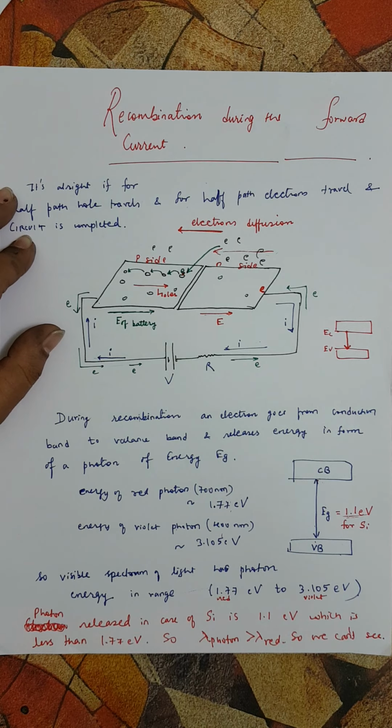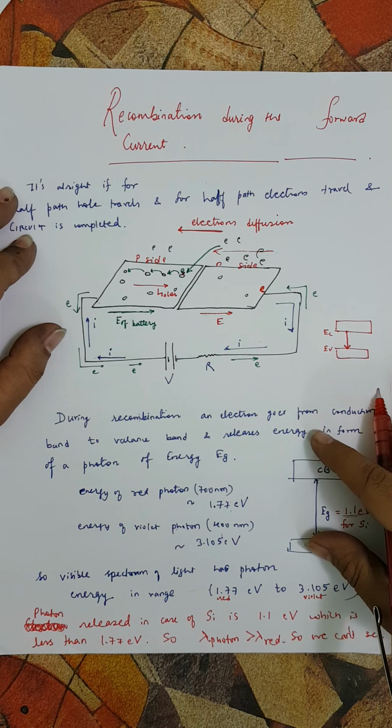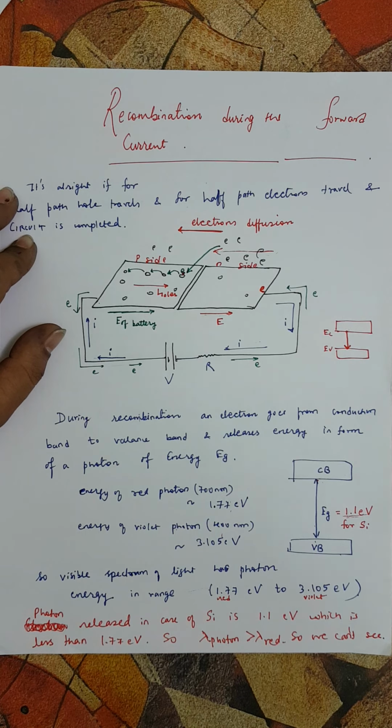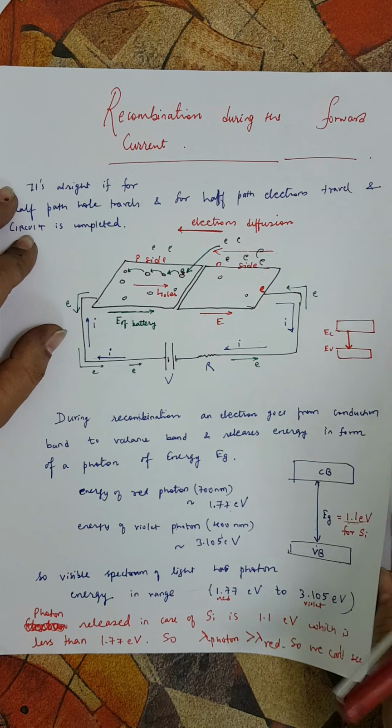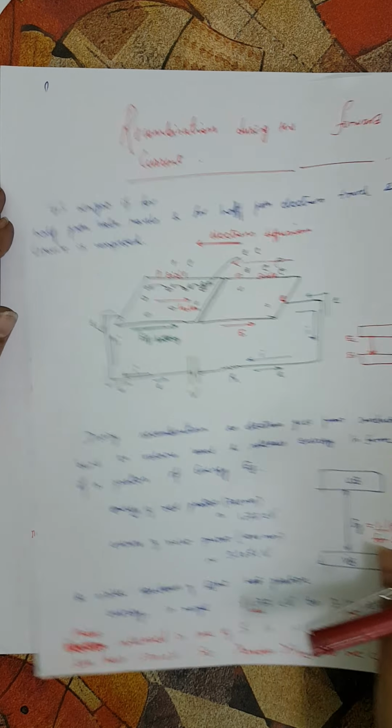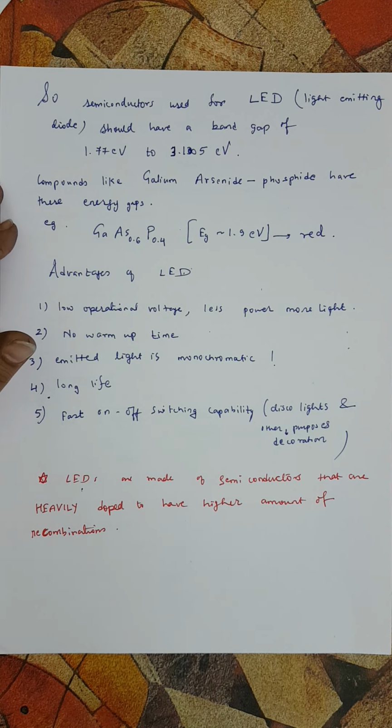So although we are getting lots and lots of light because of the recombination, we will not be able to see it. So what do we require if we want to see that light? We want to make this gap a bit larger. So instead of silicon, there are some other materials, like gallium arsenide phosphide.